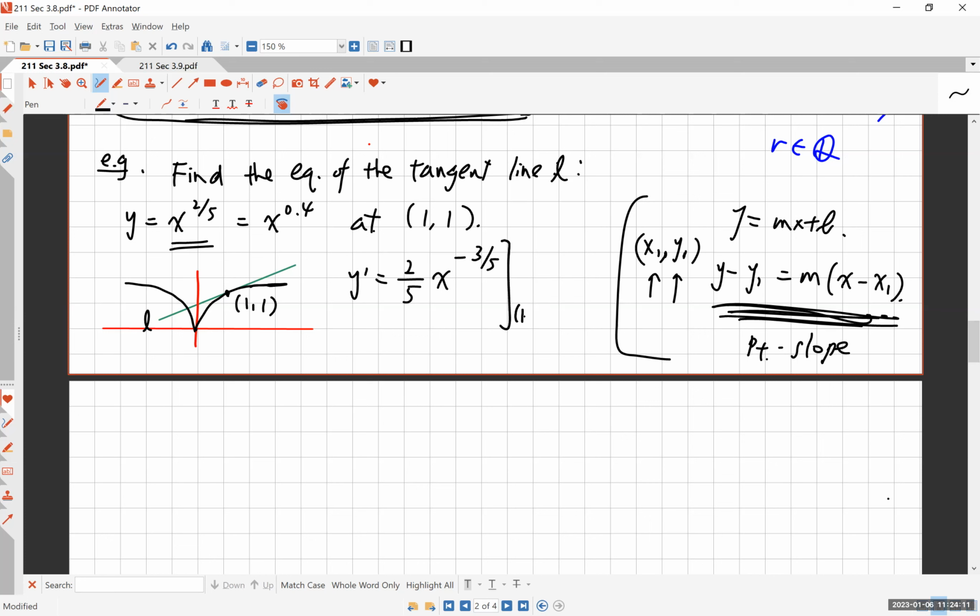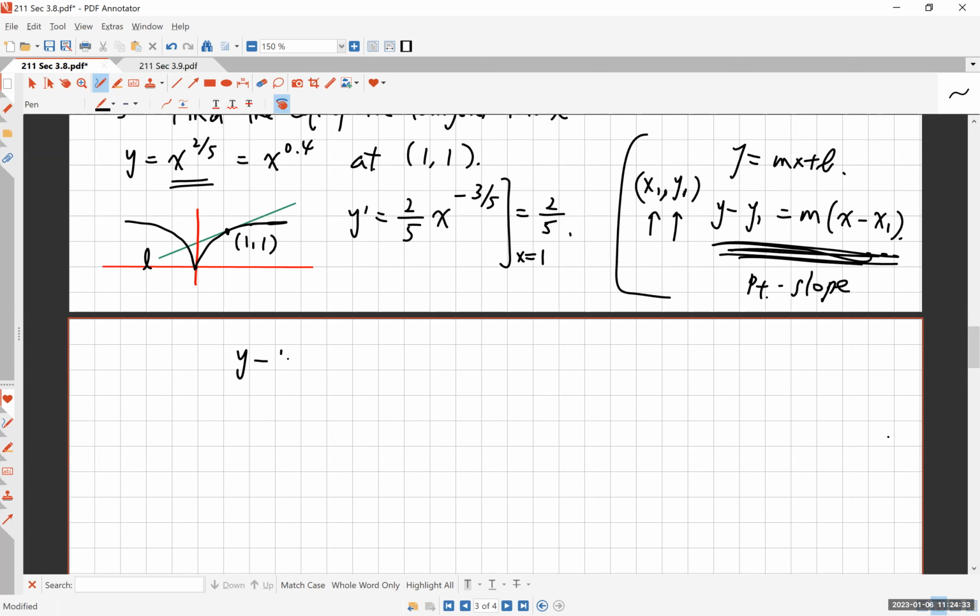Evaluate this at 1, and you get 2/5. No problem, right? Because the fifth root of 1 is 1, and then 1 to the negative third is also going to be 1. So that's no problem.